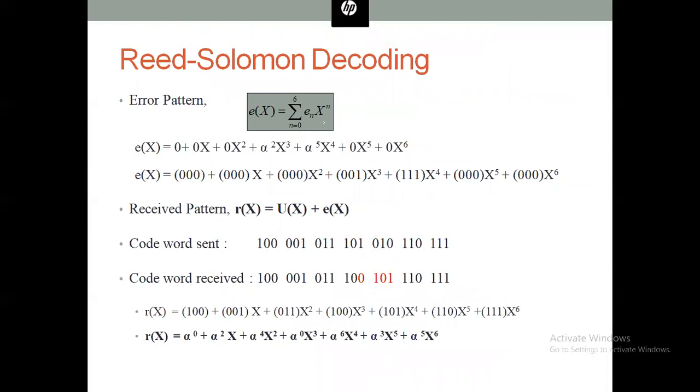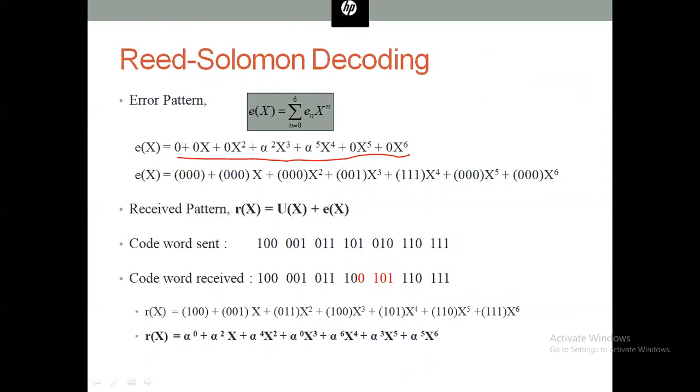Now, in decoding, we assume that we have a particular error pattern. So we assume the error pattern is of two symbols, because we cannot choose an error pattern which has more than two errors, because it is a 7-3 code and n minus k is equal to 4.